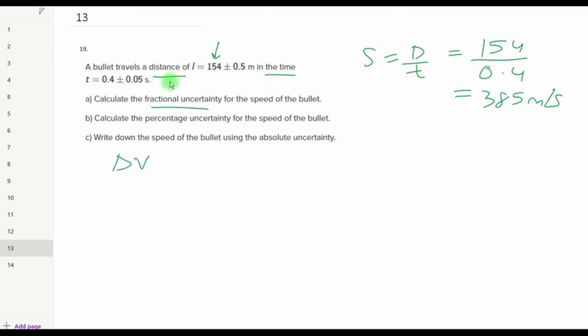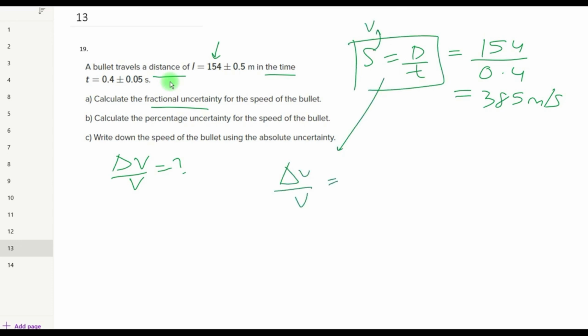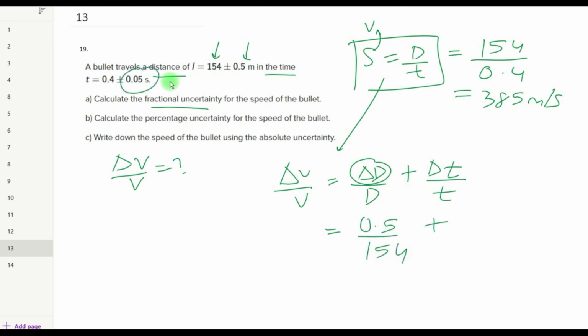Fractional uncertainty means we need to find delta V over V. Using the formula of speed, which is distance over time, if the speed is V, then delta V over V would be delta D divided by D plus delta T by T. Delta D is the uncertainty in the measurement of distance, which is 0.5, divided by 154, plus delta T, the uncertainty in the measurement of time, which is 0.05 seconds, divided by 0.4.